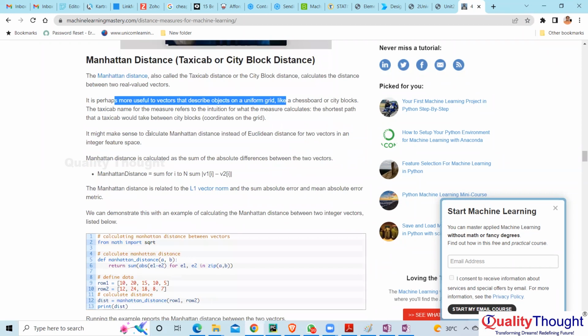Here you have an integer feature space. That's what it means. So it is again the sum from 1 to n of your v1i minus v2i. In a way this is similar to Hamming, but does not have multiple dimensions.